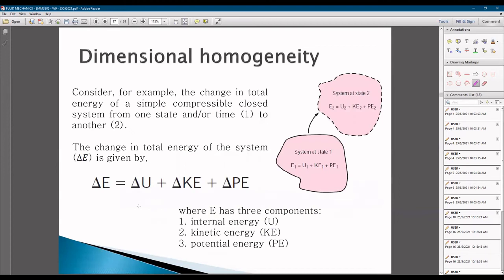Okay, consider, for example, the change in total energy of a simple compressible closed system from one state, or time 1, to another, number 2. The change in total energy of the system, which we can say is delta E, is given by this particular equation.